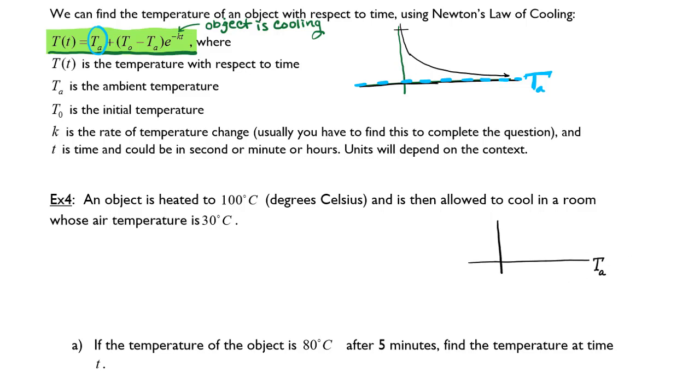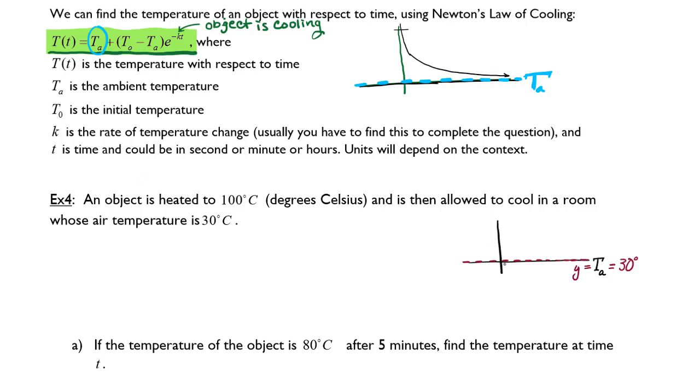So we know that T sub A represents the ambient temperature, and it is 30 degrees Celsius. So we know we have a horizontal asymptote along y equals T sub A, the ambient temperature.